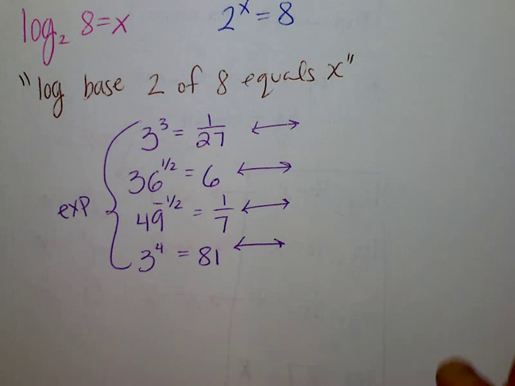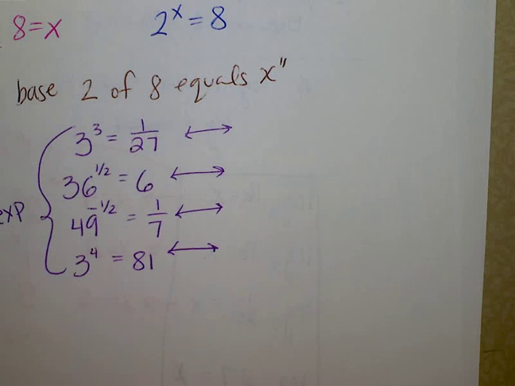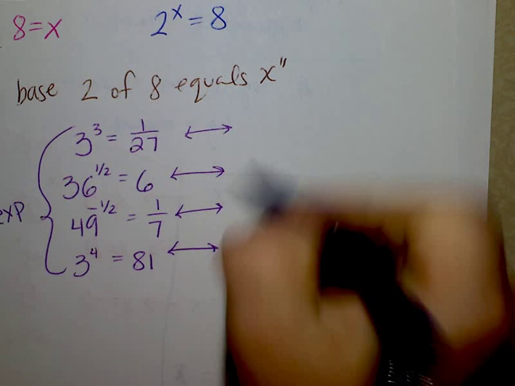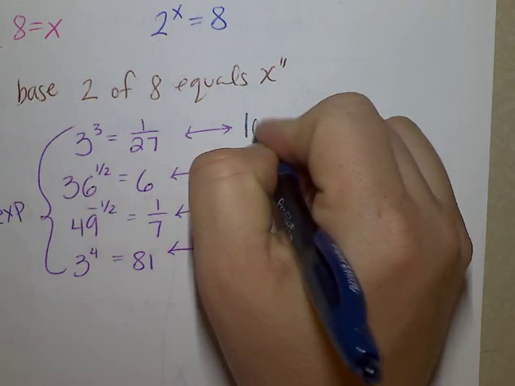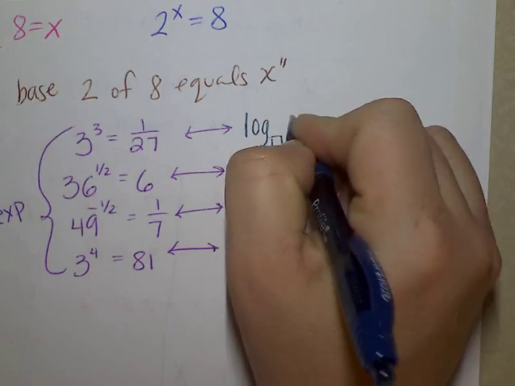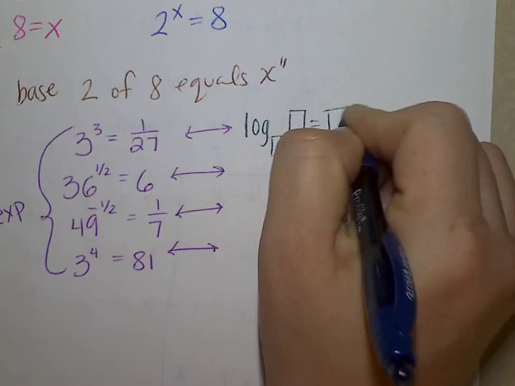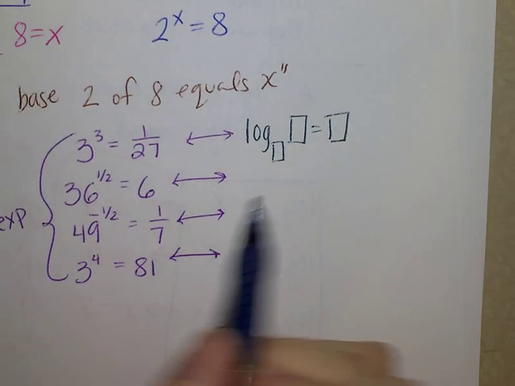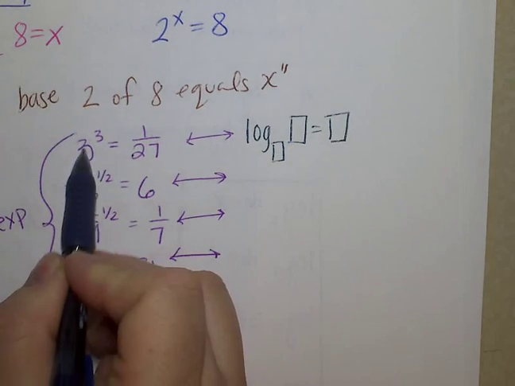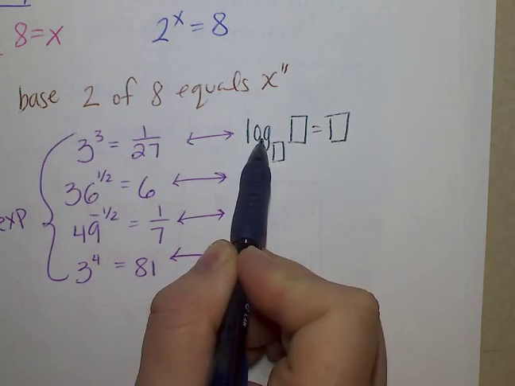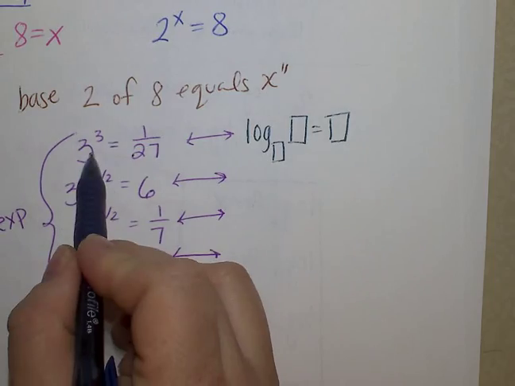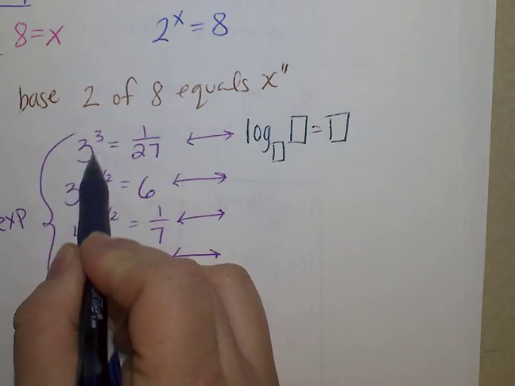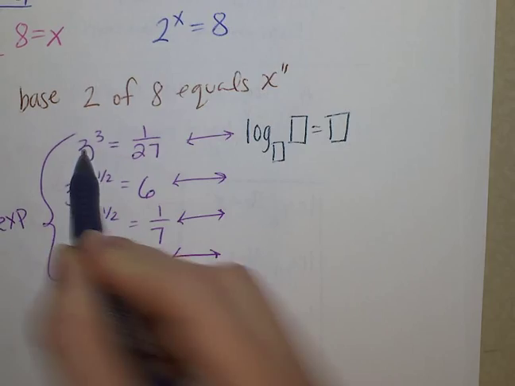Now when I first teach this, and if you'd be looking at the PowerPoints, I use rectangles to represent where the numbers will be placed. So the base here will remain the base over here. The bottom number is 3, so this 3 goes into the same place over here.